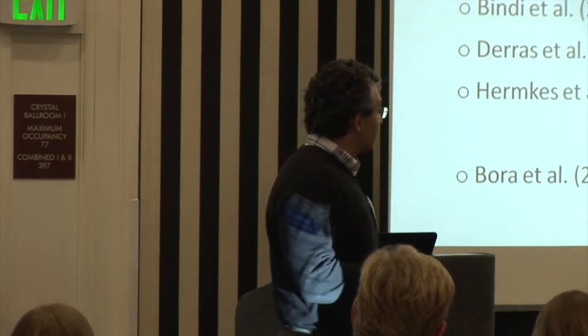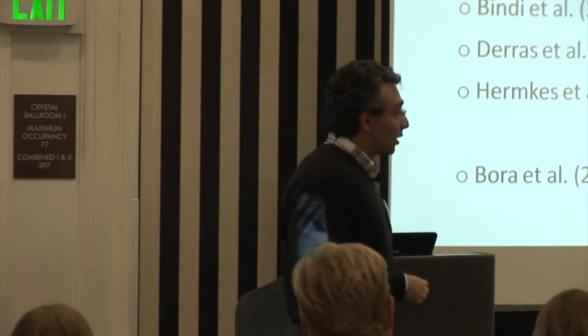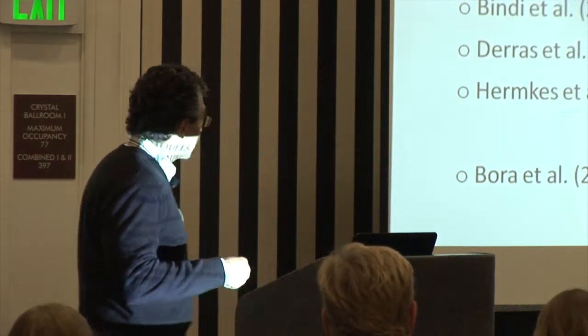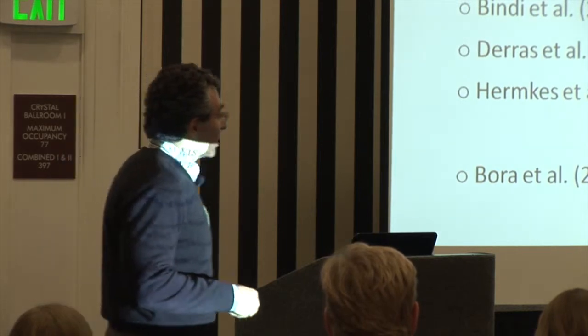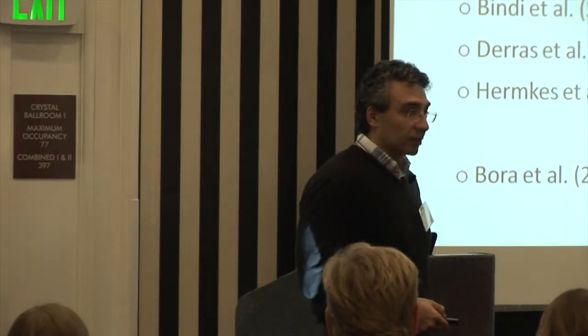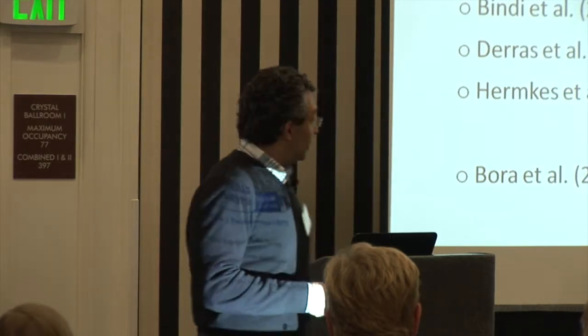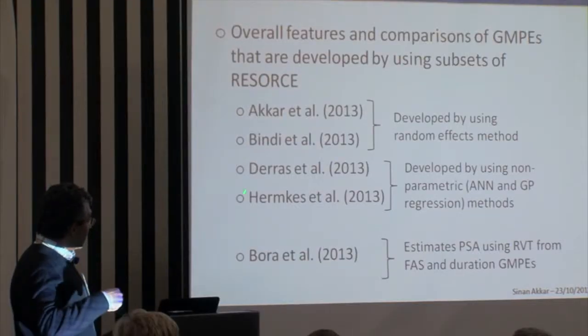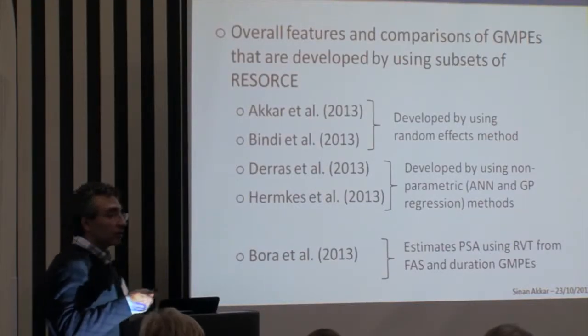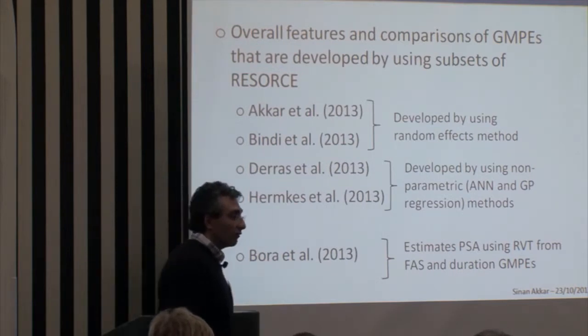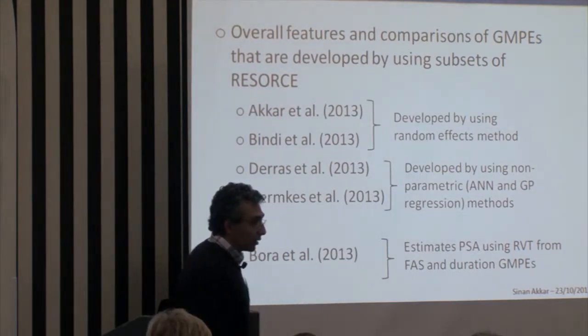Essentially, Derras et al. used artificial neural networks, whereas Hermkes et al. used the Gaussian process method for regression. If I understood it well, Hermkes et al. wanted to emphasize the modeling difference in their approach.